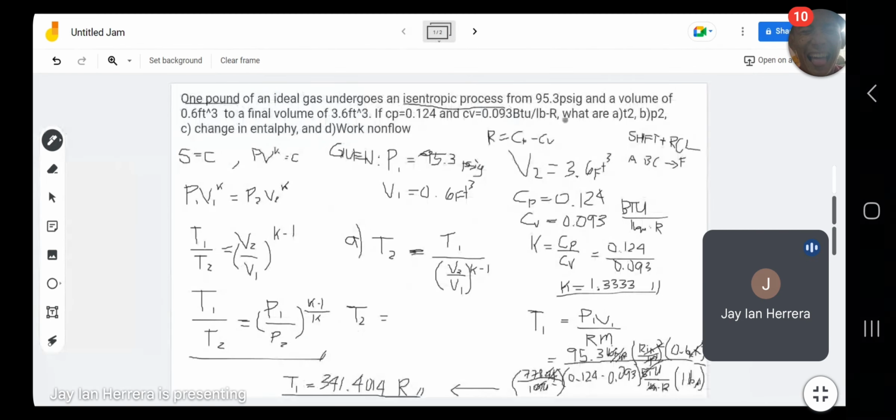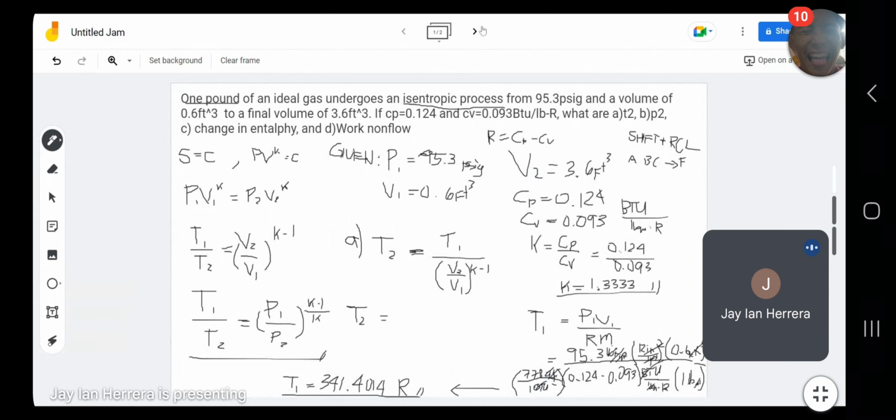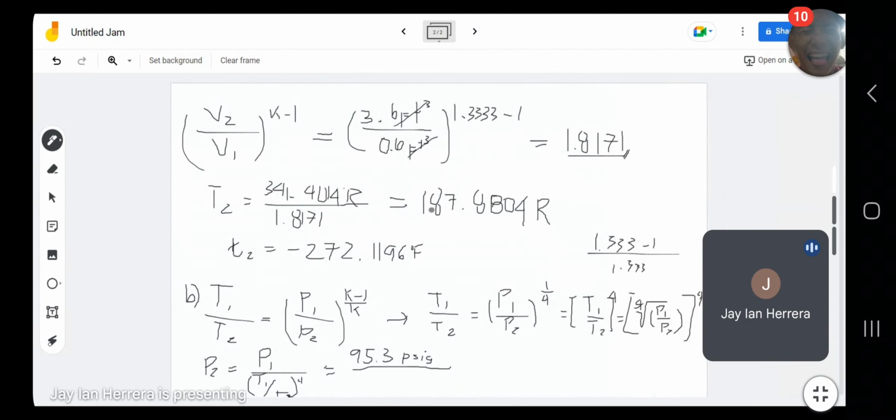Okay, so let's solve. We have P1 is 95.3 PSIG, all over T1, 341.4014, divided by 187.8804.